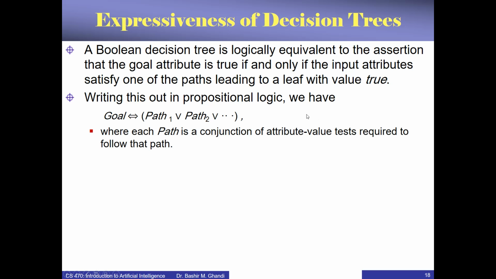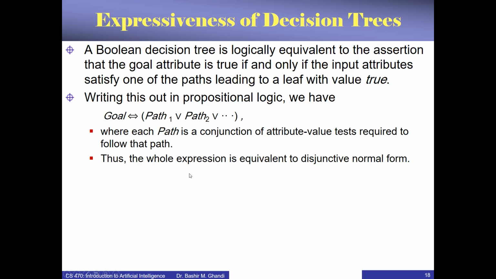Each path is a conjunction of attribute value tests required to follow that path. Therefore, we can say that the whole expression is equivalent to disjunctive normal form. Disjunctive because we are using or, and each of these paths is a combination of and. This is true and this is true and this is true. If you have that, it is said to be a disjunctive normal form.